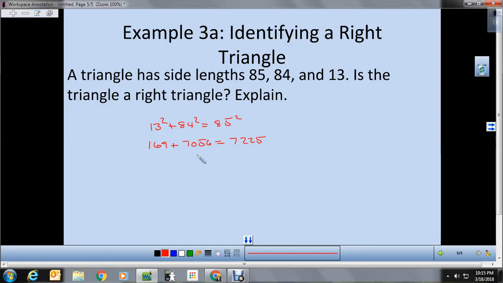So we add these two together, 169 and 7,056, and that gives us 7,225, which does in fact equal 7,225. So therefore, this is a right triangle. So yes, the triangle is a right triangle.